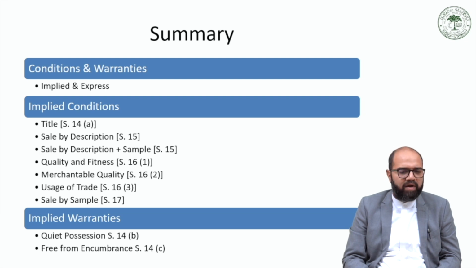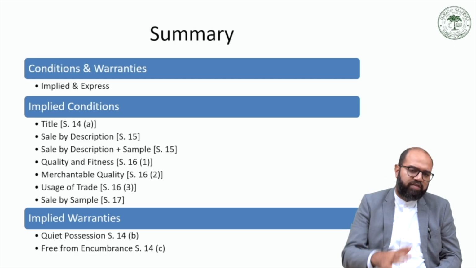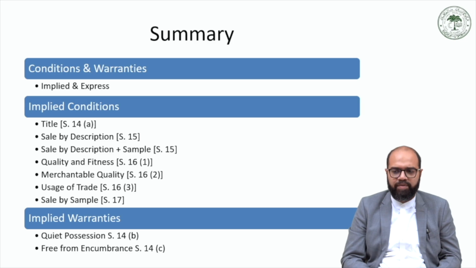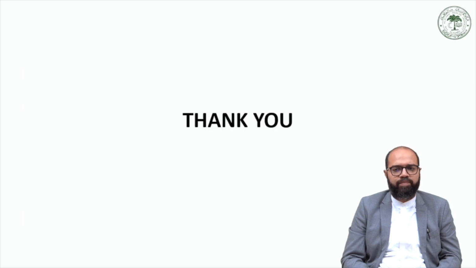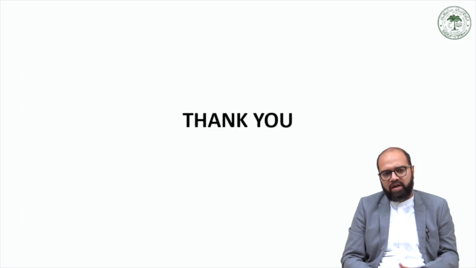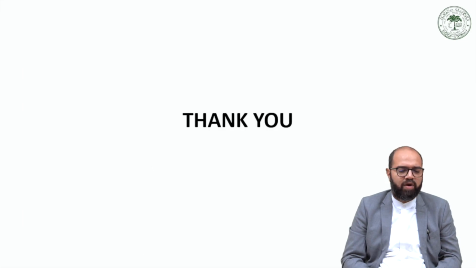Then two implied warranties we have discussed, quiet possession and free from encumbrance. So this is a summary of our entire discussion on implied conditions and warranties. With this, we end our discussion on fundamental terms, that is conditions and warranties.